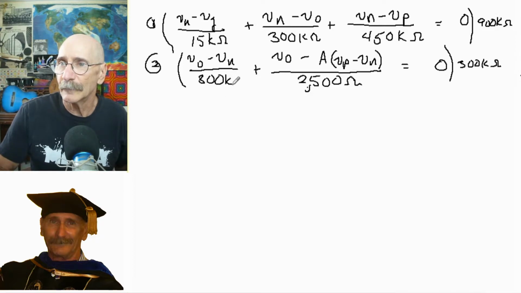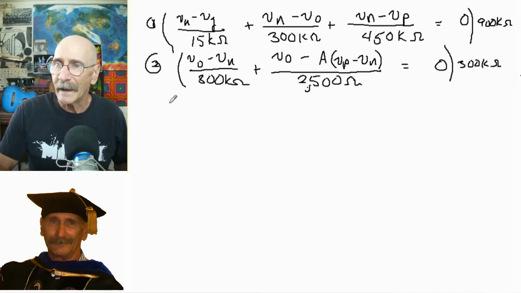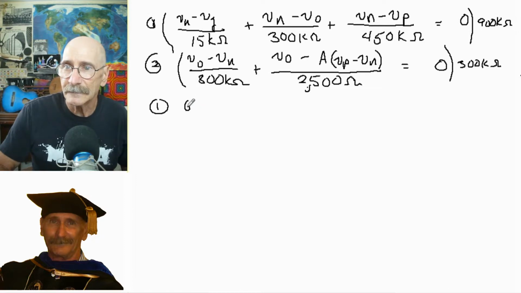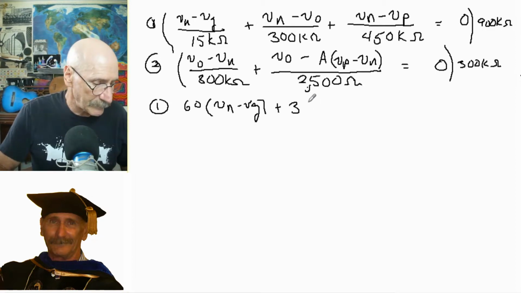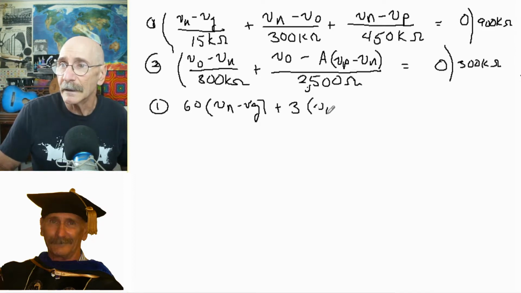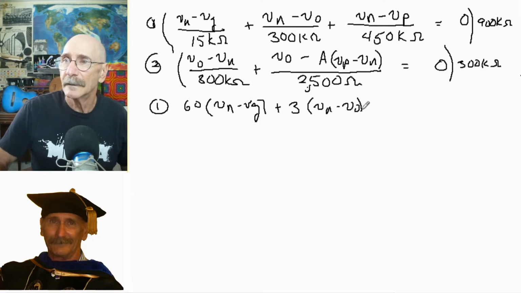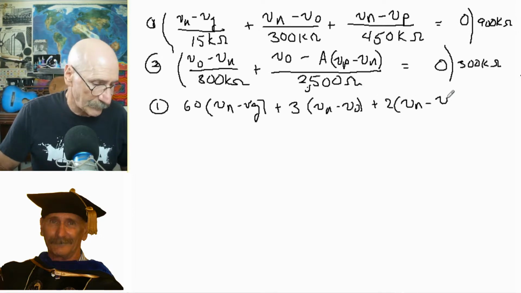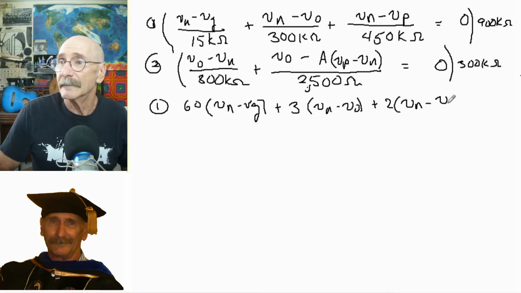When we do that, equation 1 comes out looking like this: 60 times Vn minus VG, plus 3 times Vn minus Vout, plus 2 times Vn.